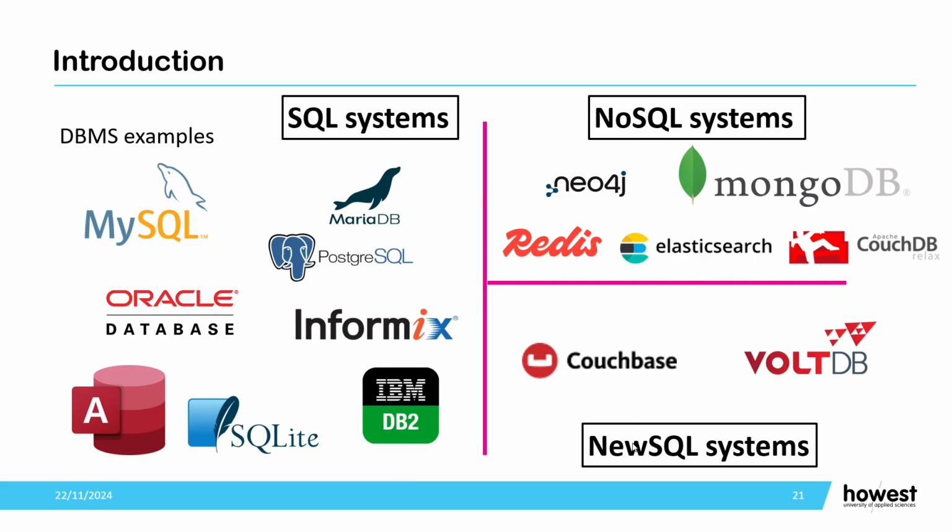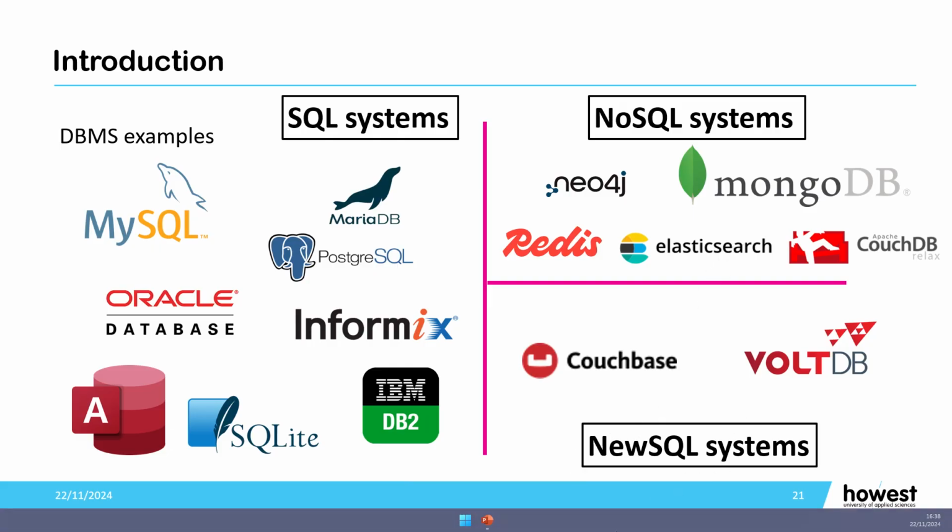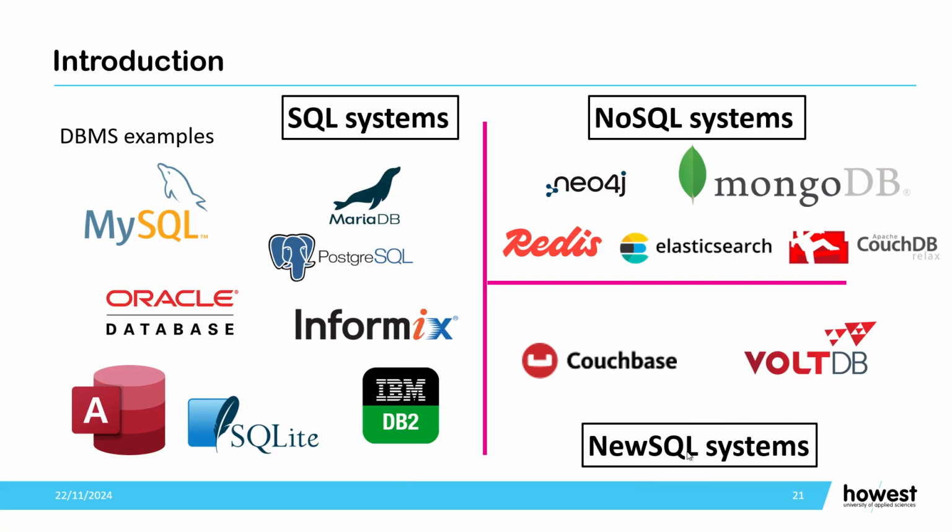There is a third kind of systems, which are called NewSQL systems. So as you can imagine, SQL systems have their advantages. NoSQL systems have their advantages, but each might also have some drawbacks. These NewSQL systems try to combine the best of both worlds. Some examples are Couchbase and VoltDB, but as far as I know, they are a bit lagging behind in usage.